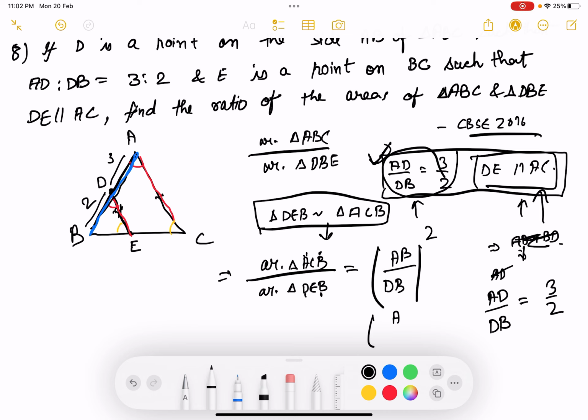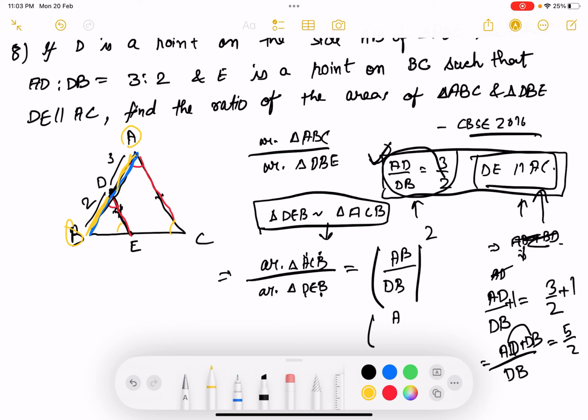So let's add 1 to both sides. So this side it will be AD plus DB upon DB is equal to 5 by 2, and AD plus DB is equal to AB, this whole length.